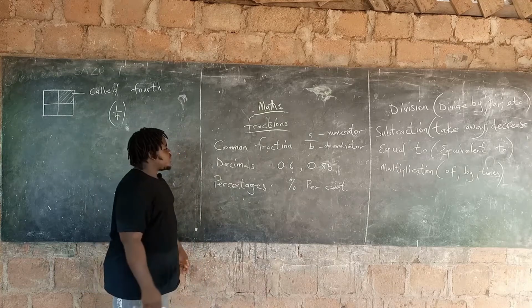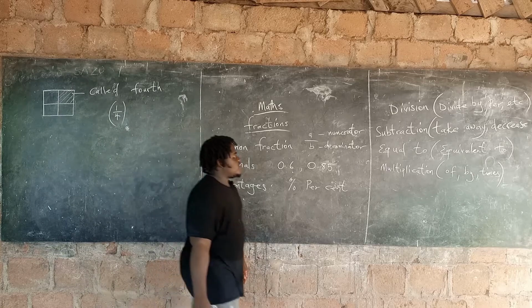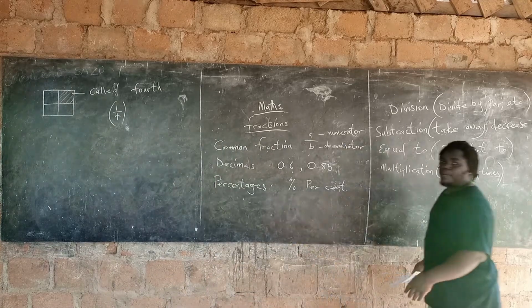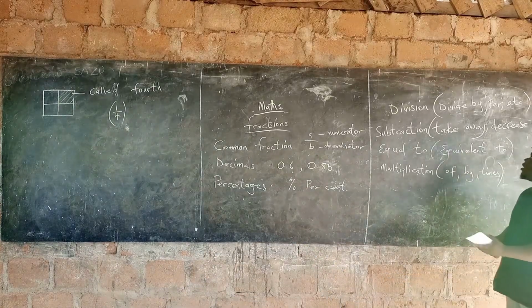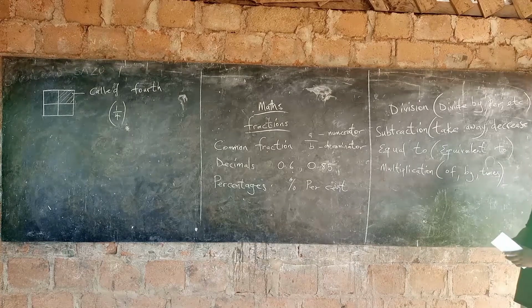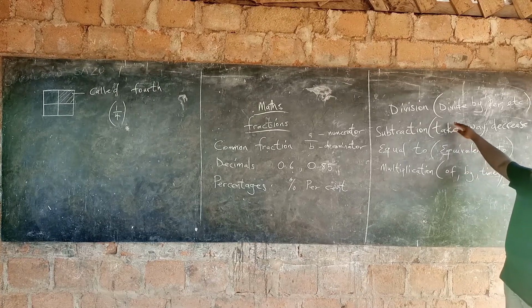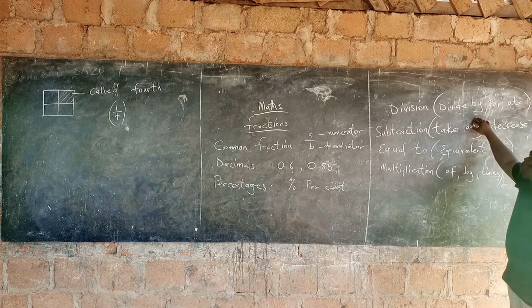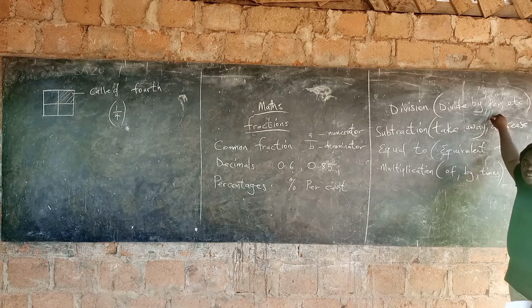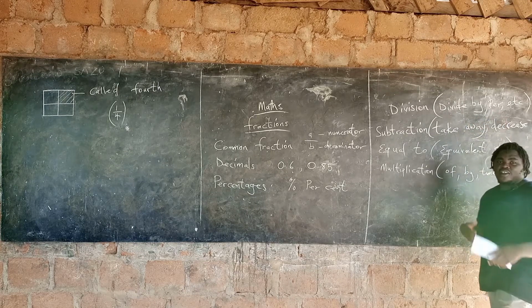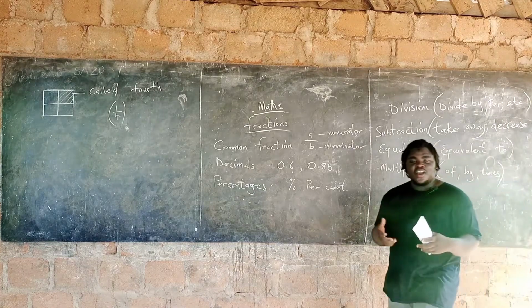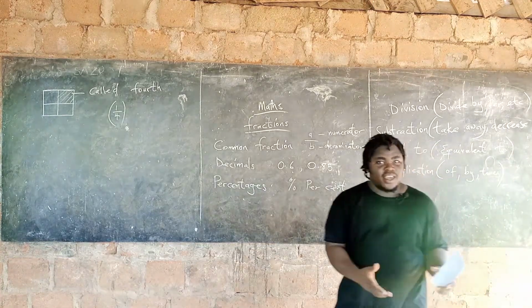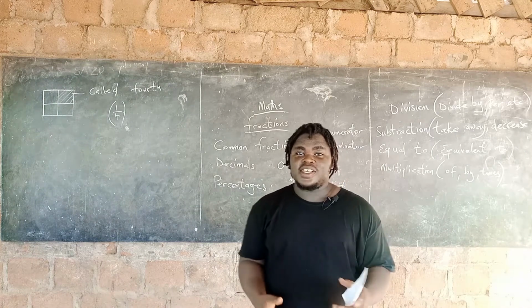Percentages. When you look at percentages, let's come here. In maths, division can also be referred to as divide by or per. So wherever you see the word per in maths, it means division.